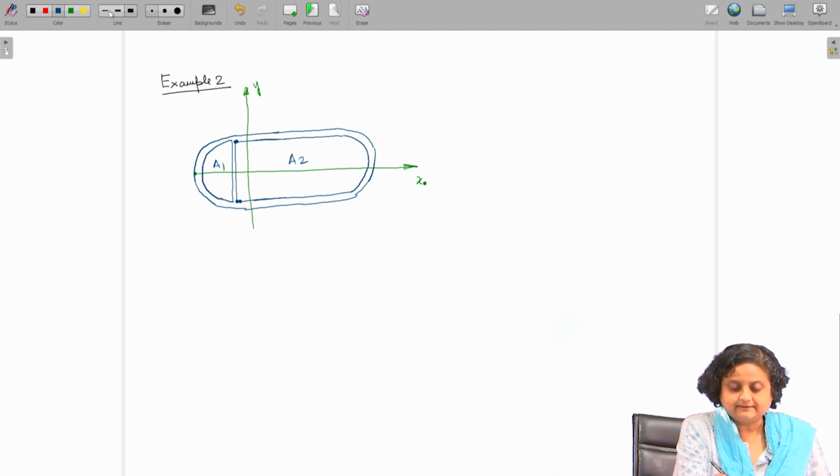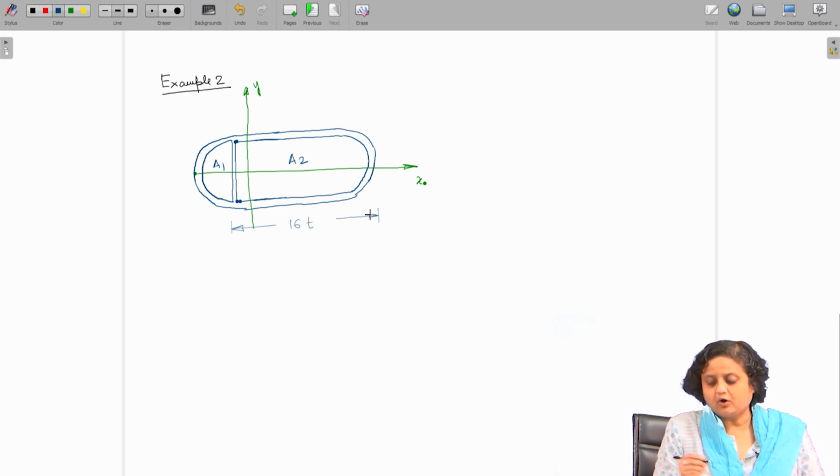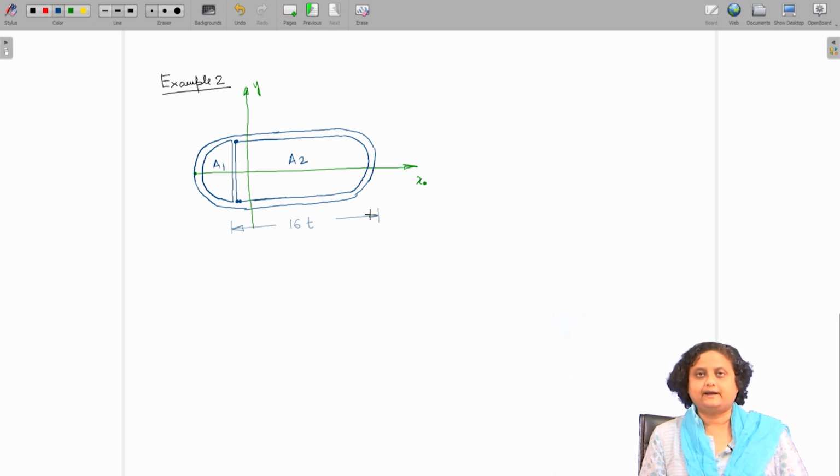This length is 16 T. This cross section is also symmetric about the x axis.